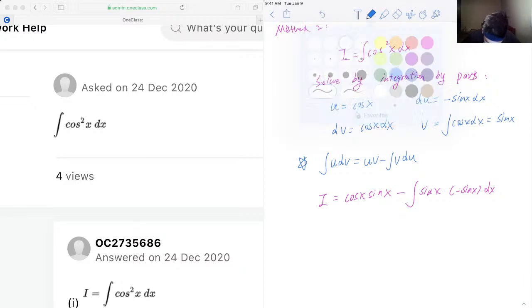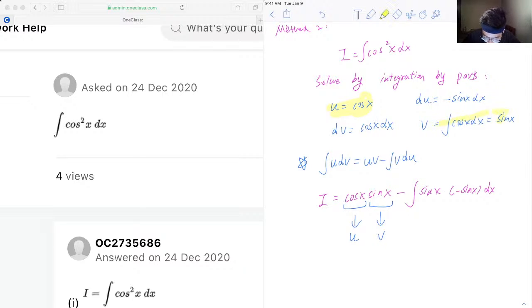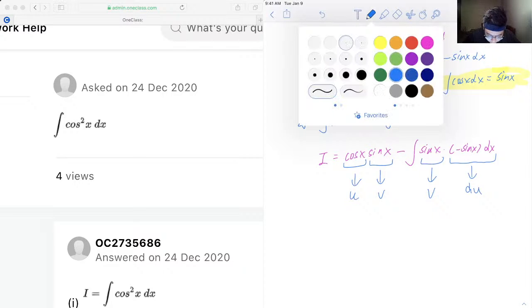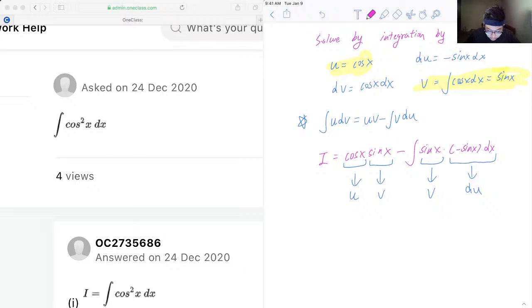Here the cosine x is our u, which is from what we have above, and sine x is our v, which is from right here. And the sine x inside the integral is the v again, and that's our du. So we pretty much just substitute everything into the formula, and that's what we have.